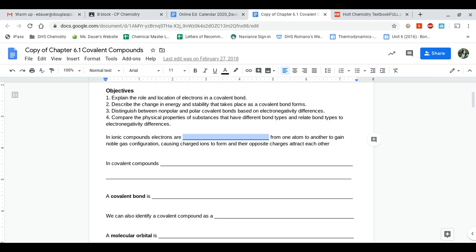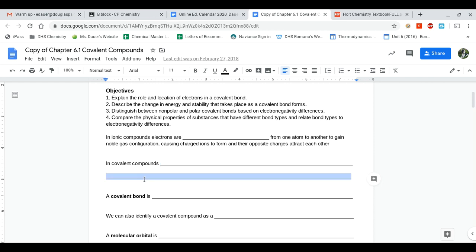This is going to be different because in covalent compounds, this is our next blank, electrons are shared. Please take down in these blanks here in covalent compounds, you'll notice you have 2 blanks. You can probably fit electrons are shared at the top. And I have one more thing.